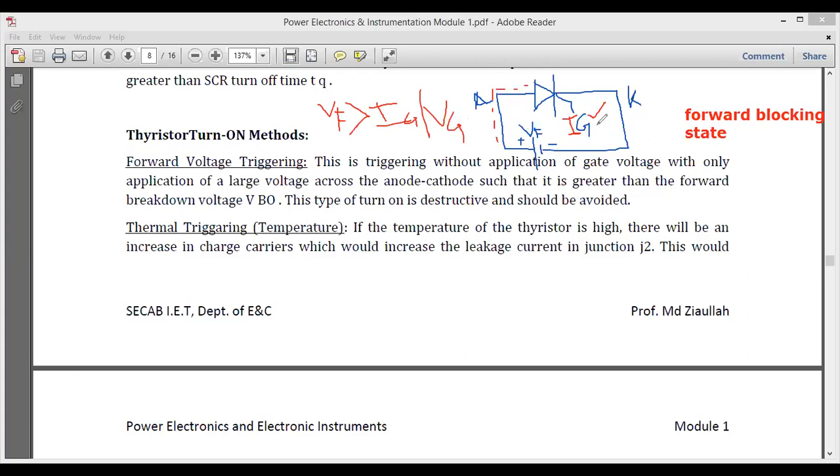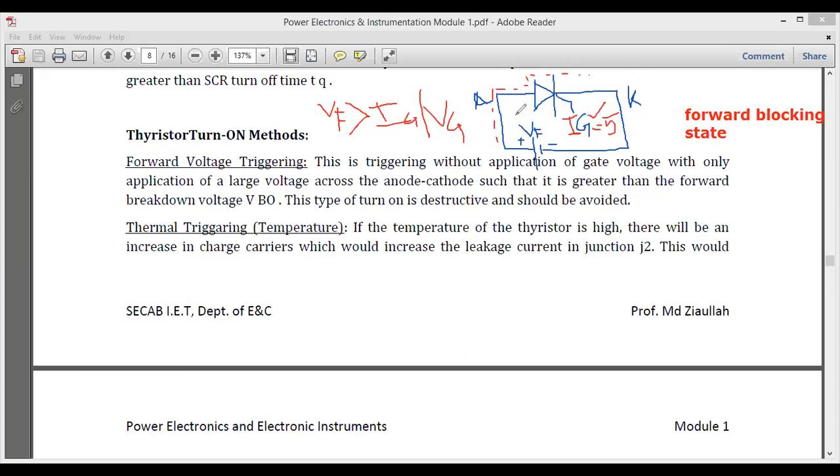For example, if your IG is around 5 amperes and you put 5 amperes across the gate, it will allow charge to flow from anode to cathode, irrespective of your forward voltage.